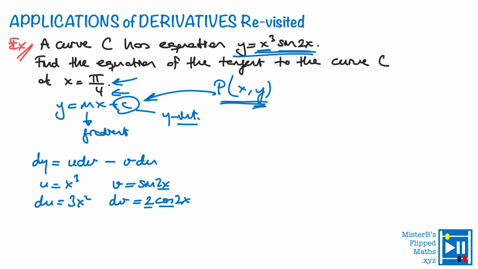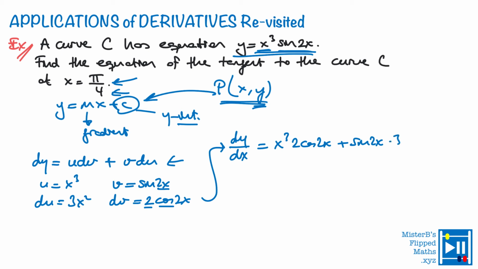Now let me substitute these into the product rule. So I'm going to have the derivative with respect to x as x cubed times 2 cosine 2x plus, my bad, that's going to be a plus, sine 2x times 3x squared.